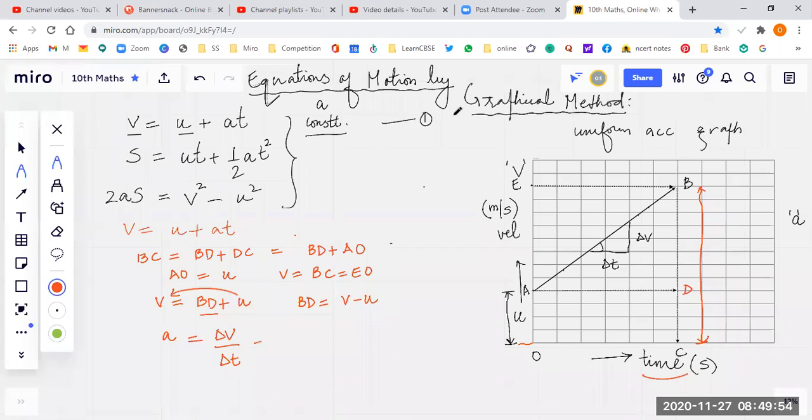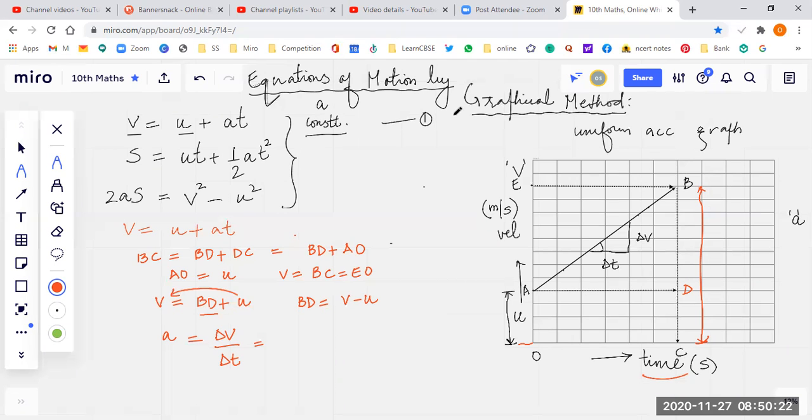I want to calculate acceleration from A to B. That is final velocity minus initial velocity.